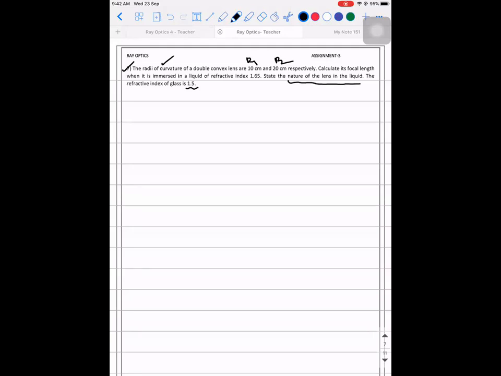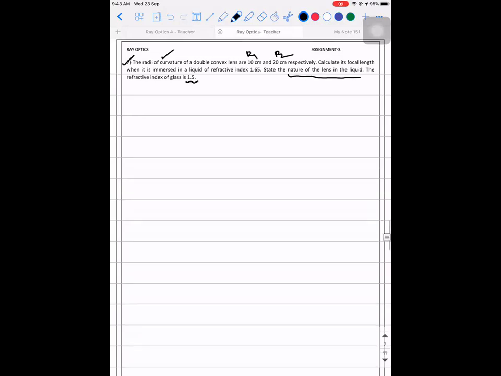Concave. It will behave like a concave. Reason? Because mu2 is less than mu1. Yes, mu2 is less than mu1. So whenever there is any lens, it need not be convex only, any lens when it is immersed into any medium whose refractive index is greater than its own value.